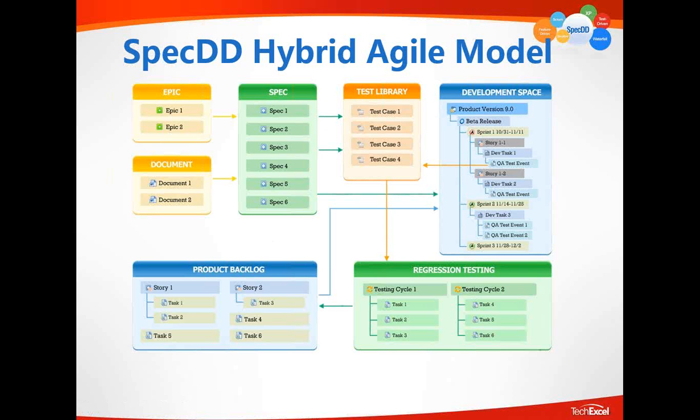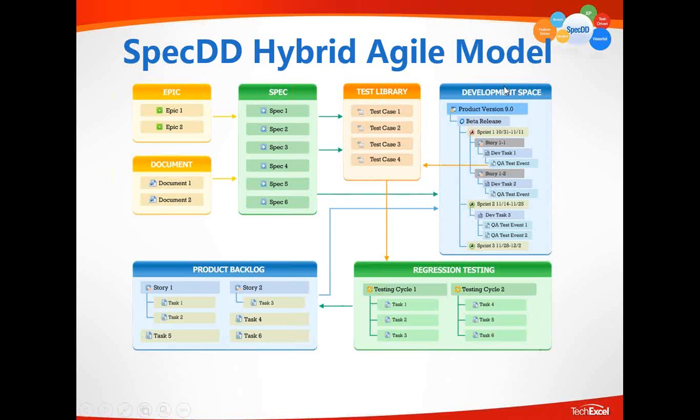From the object point of view, the process model talks more focus on the people, the activities. This SpecDD hybrid object model is more like let's recognize the artifacts.